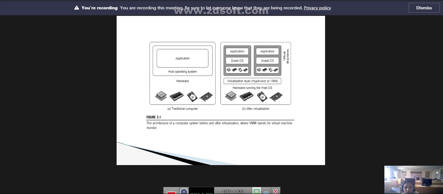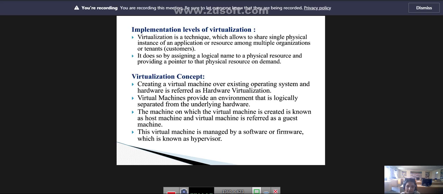In this virtualization technique, a single physical instance of an application or resource is shared among multiple organizations, that is, customers. It does so by assigning a logical name to the physical resource and providing a pointer to the physical resource on demand. Creating a virtual machine over the existing operating system and hardware is referred to as hardware virtualization.